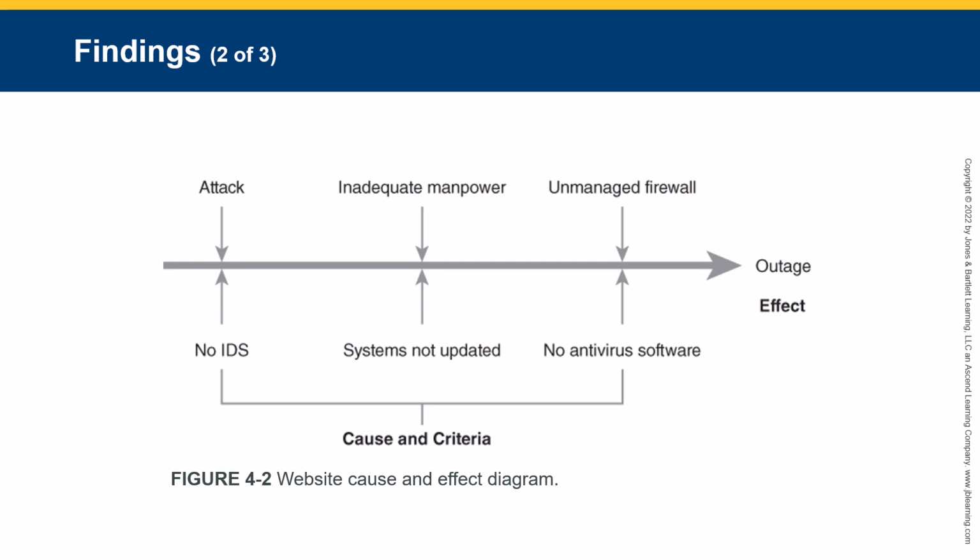The attack, what happens, what's the issue, what's the outage. So, if an attack occurs, no IDS. If we don't have the appropriate manpower, then we're not able to update things. If we don't have a managed firewall, we might not have antivirus software. Base the attack, and then work through the problem, and then what's the outage?